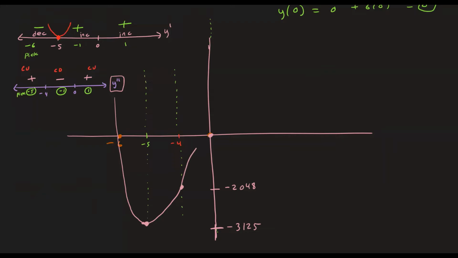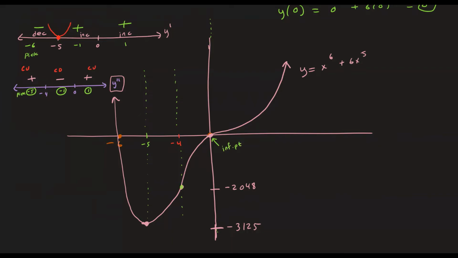I start to concave down, and then I change my concavity at 0, and I have to increase and concave up, something like that. So this is how the graph should look, roughly sketched. This is y equals x to the 6th plus 6x to the 5th.